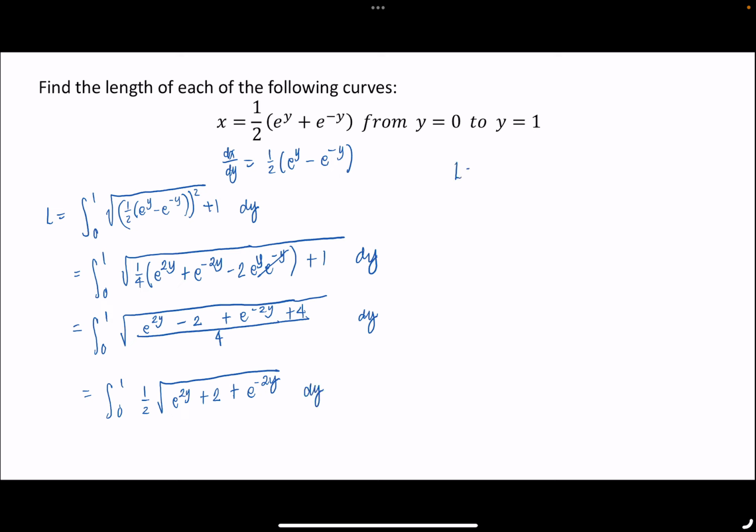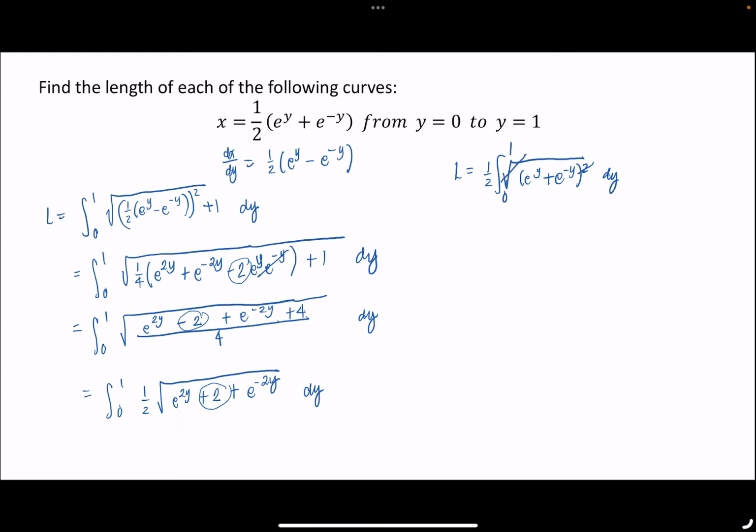So observe that the middle term here is negative and it becomes positive. So instead of having e to the y minus e to the negative y, we now have 1 half integral of e to the y plus e to the negative y squared dy from 0 to 1.